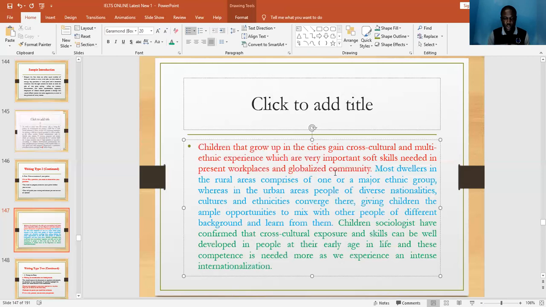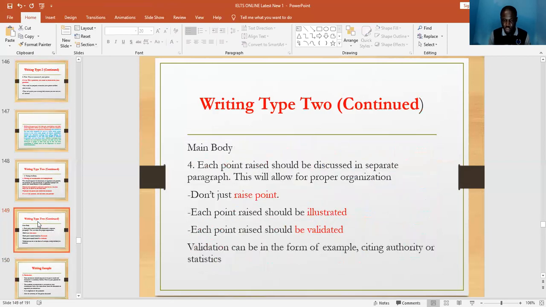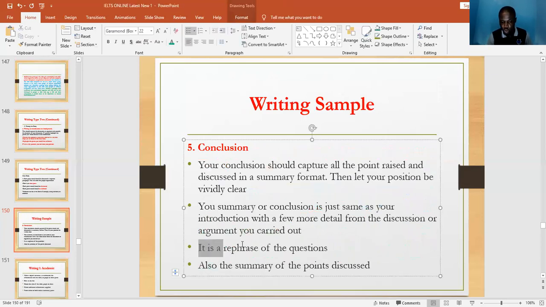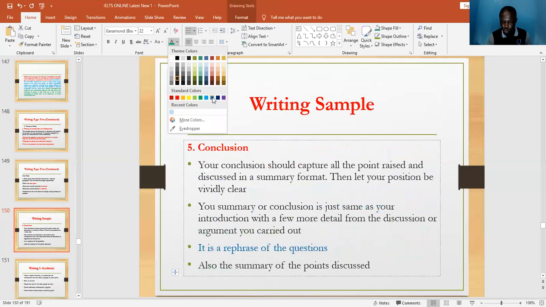Okay, so I will go to the guideline for writing a good conclusion. So this is the main body and this is your conclusion. But I want you to come to the latter part. The latter part are the two critical components of the conclusion.